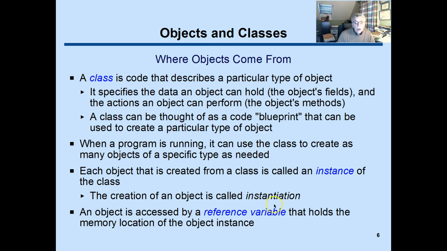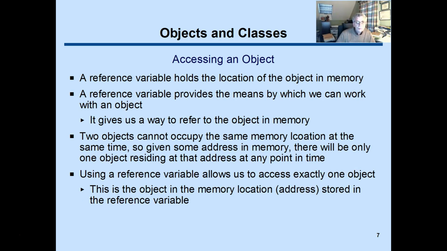So the creation of an object is referred to as instantiating the object, or object instantiation, because we're making an instance of the class. That effectively is what an object is. So an object is accessed through a reference variable. When we instantiate an object, what happens is the reference variable gets populated to hold the address or the location or a pointer or the reference to where that object resides somewhere in memory in the runtime environment.